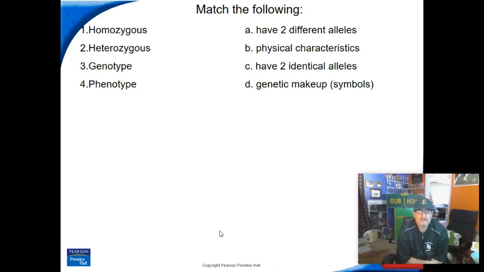Homozygous is C, two identical alleles, or two of the same alleles. Heterozygous is A, having two different alleles. Genotype is D, genetic makeup, or the symbols that we use. Phenotype is B, the physical characteristics.